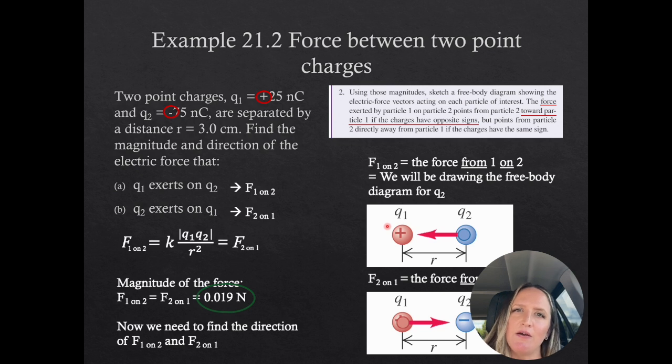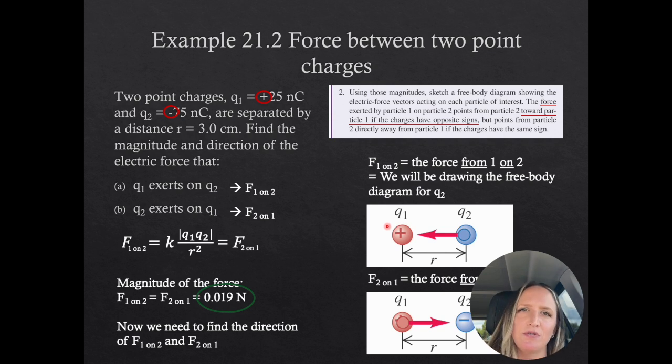So now let's look at F2 on 1, okay? The force of 2 due to 1. No, I'm sorry, the force of 1 due to 2. So watch the language here, because in English, it's almost easier to describe it the other way than the way that the subscripts are, right? Let's look at the subscripts. F2 on 1.